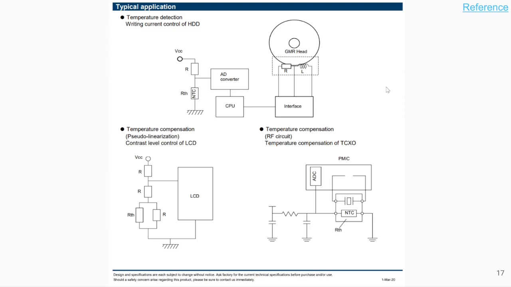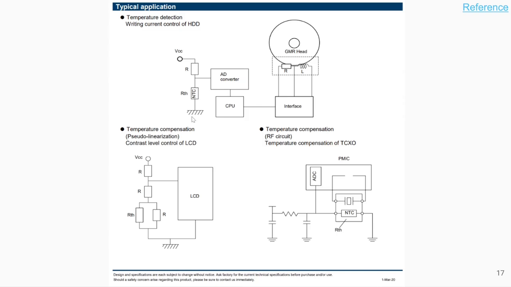Here are typical applications of using a thermistor for temperature detection. In this application, this is the hard disk magnetic head, and this is where the thermistor is used, which is of NTC type. Because this is like a voltage divider, and the temperature changes the resistance, the voltage here changes, and there is an A to D, or analog to digital converter, and the digital voltage goes to the CPU, and there is an interface.